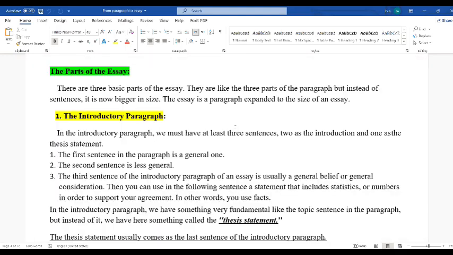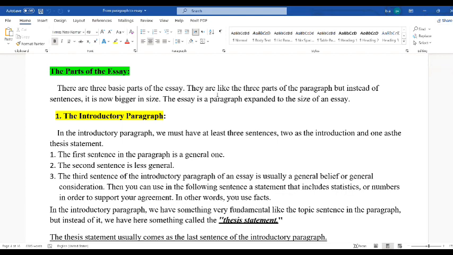Talking about the essay, it's important to know the parts of the essay. There are 3 basic parts of the essay. They are like the 3 parts of the paragraph. Last lecture, we talked about the parts of a paragraph, which are topic sentence, supporting sentences, and concluding sentence.